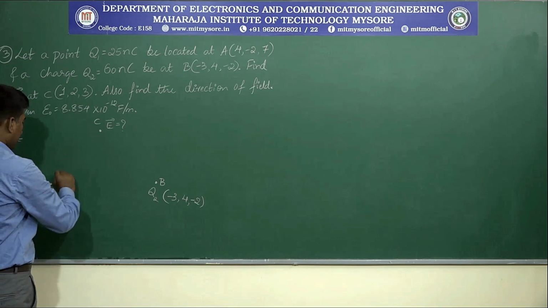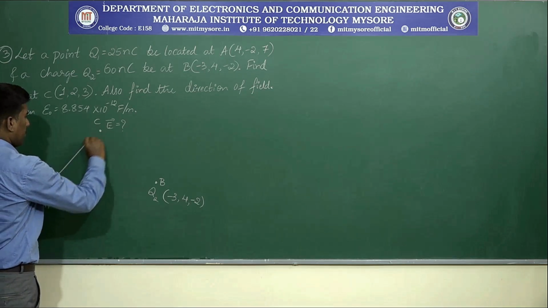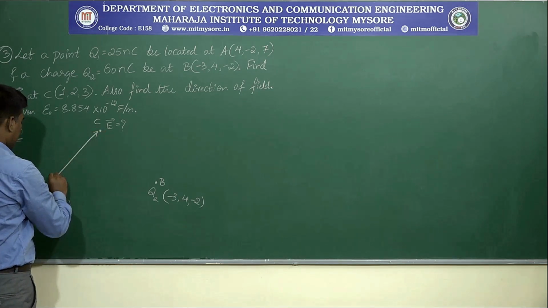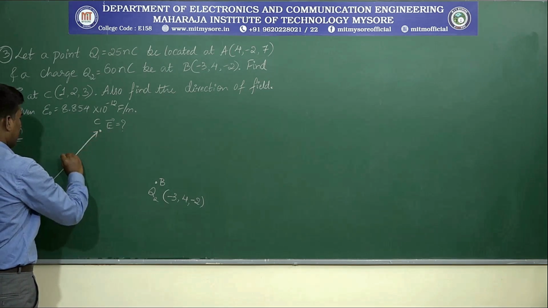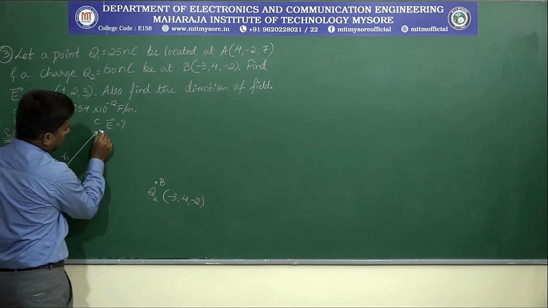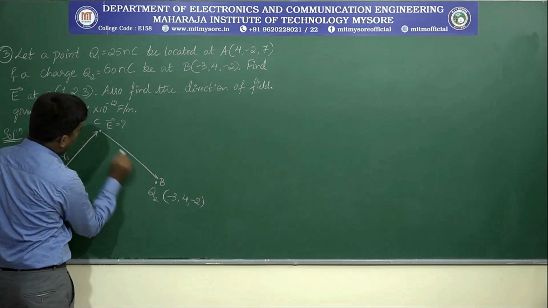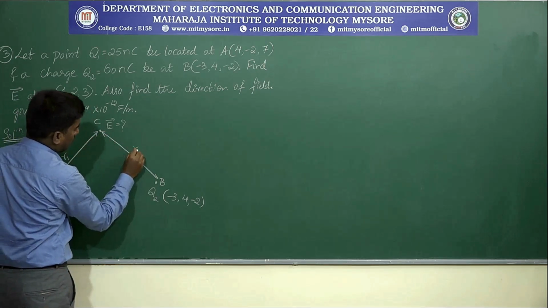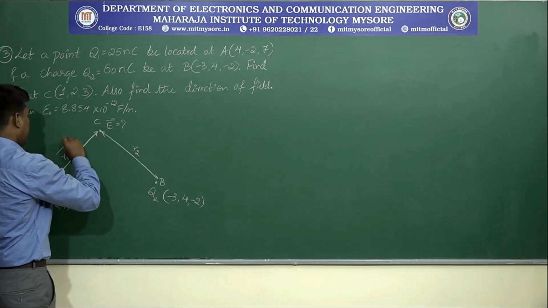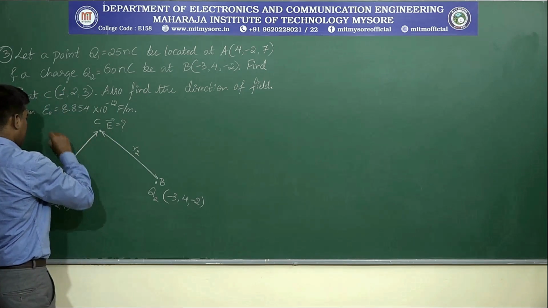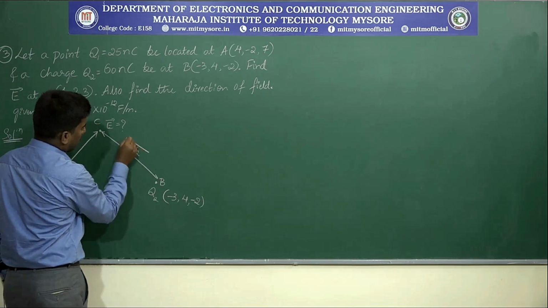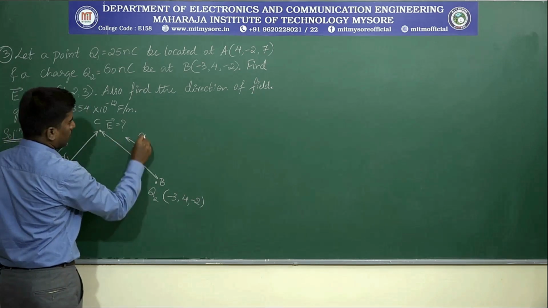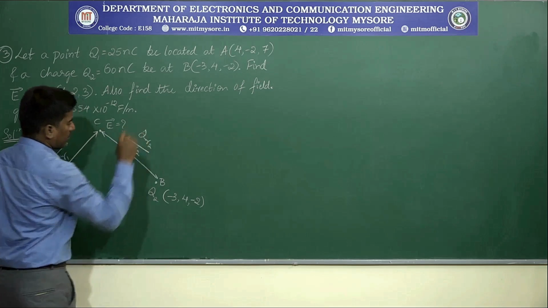Okay, so at this point, the distance between point A and C is R1. The distance between point B and C is R2. The unit vectors are A cap R1 and A cap R2 for this point.